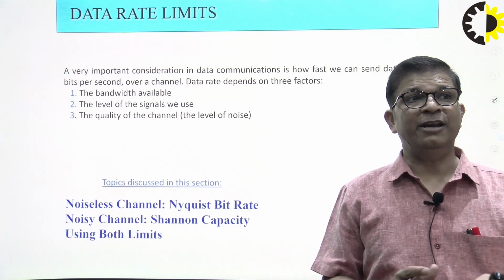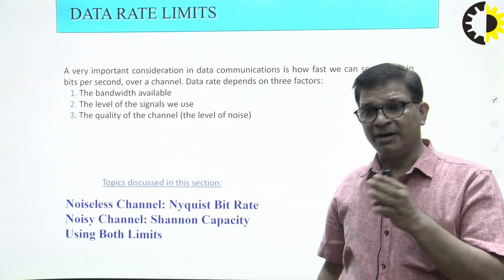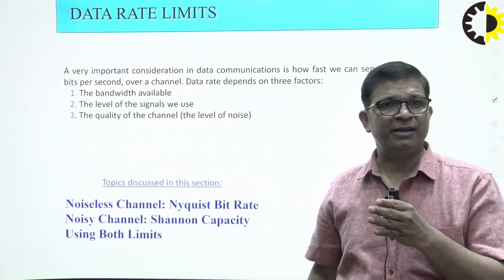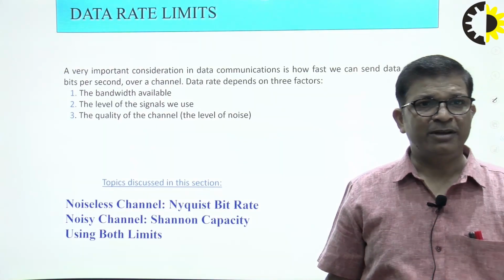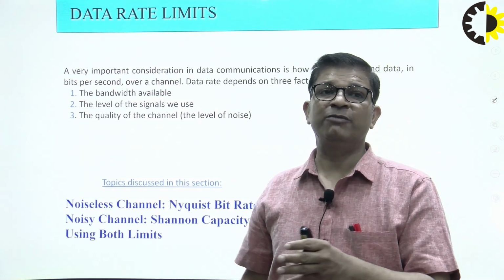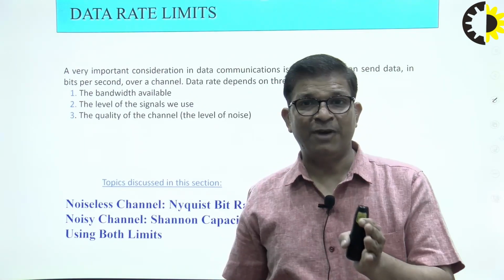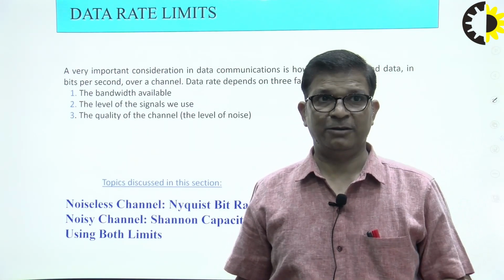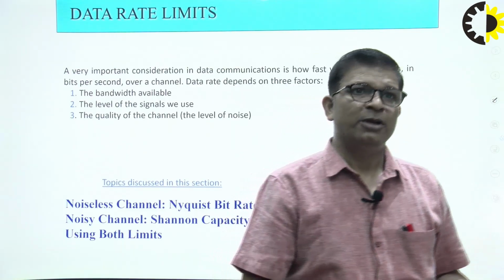The bandwidth available for the different types of communication channel is not the same. Cat5 cable supports 100 Mbps bandwidth and Cat6 cable supports 1 Gbps. Similarly, optical fiber cable supports 1 terabit also, but in others it is low.